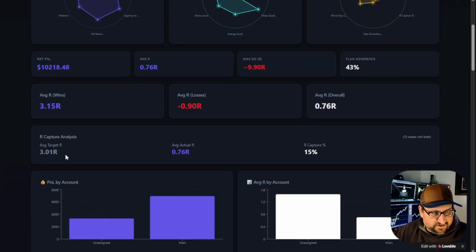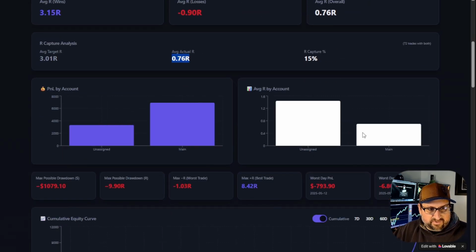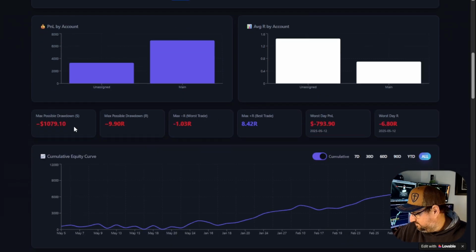So captured R, and then actual R, and then your close rate percentage, and then your R capture percentage and everything. Profit by P&L accounts, possible drawdown. I thought this was great because I can pull this on specific strategies like my ORB strategy or my RPM version of the ORB or this version, or I can pull that data separately to see which one looks good.